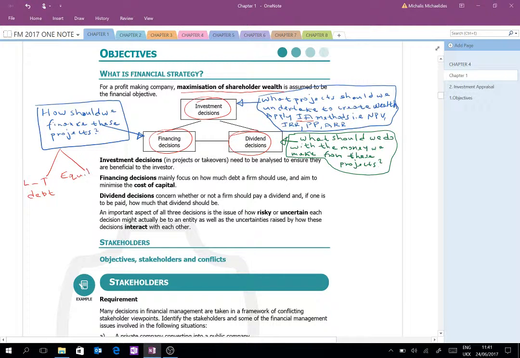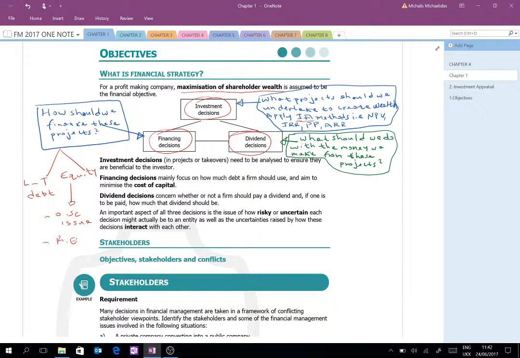Equity funding means funding which comes from the owners. So this would be either the ordinary share capital issue, and of course retained earnings. These are internally generated funds which belong to the owners. So this can be used as well to finance new projects.